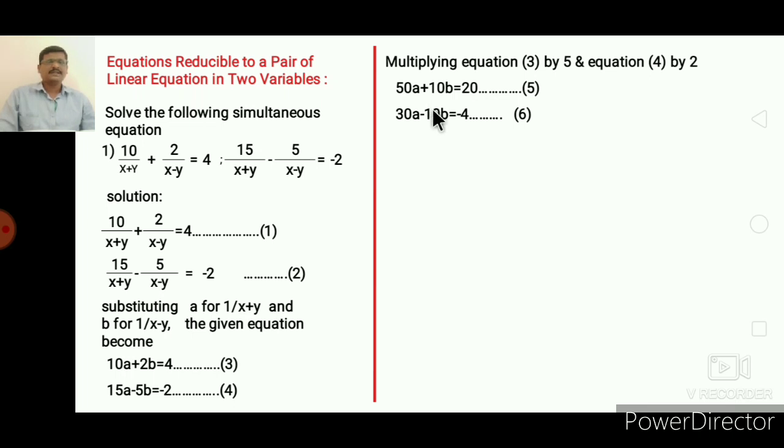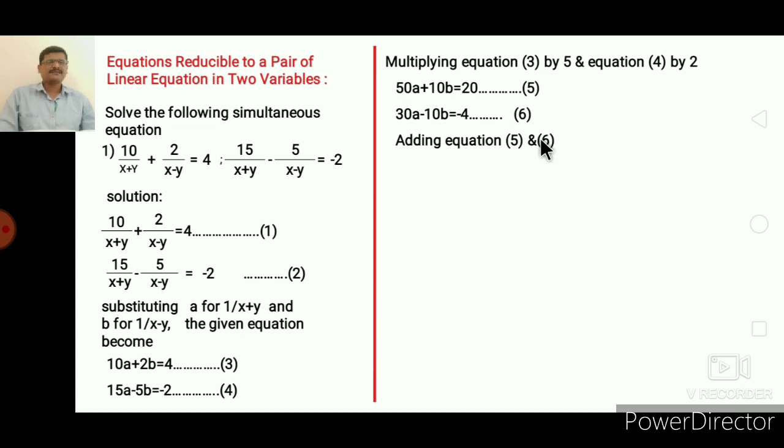If equal coefficients have the same sign, then subtraction will take place. Here the equal coefficients of the variable have different signs, therefore addition of equation 5 and equation 6 will take place.